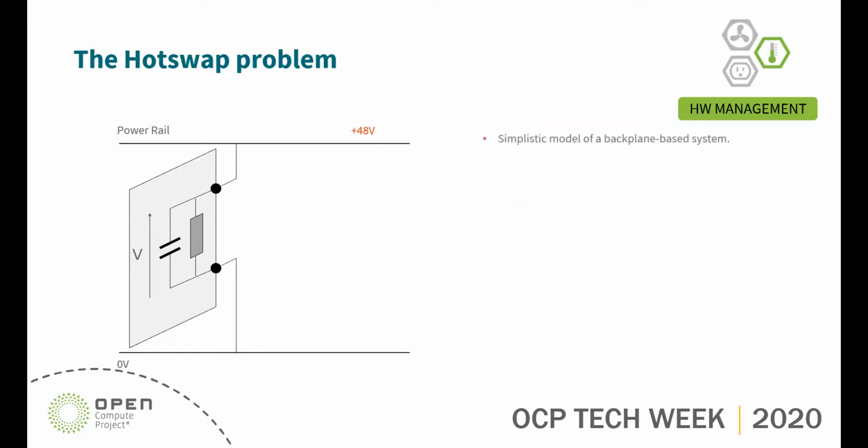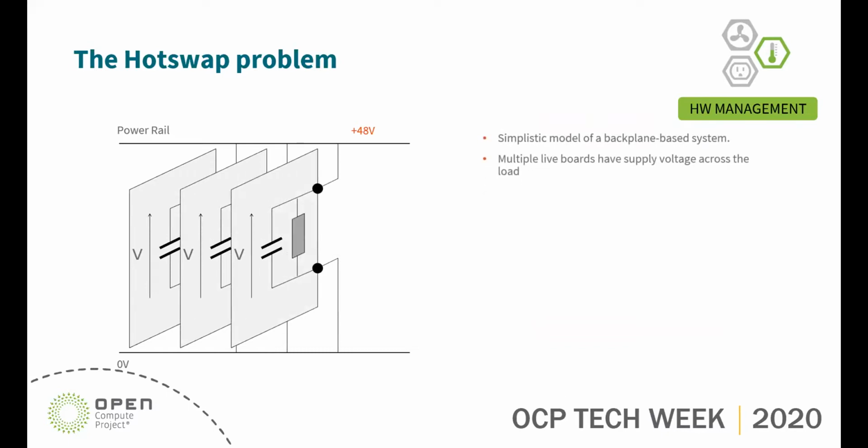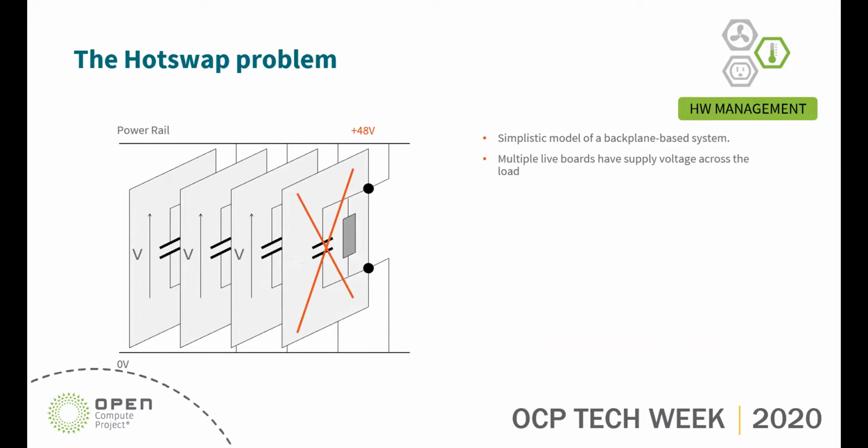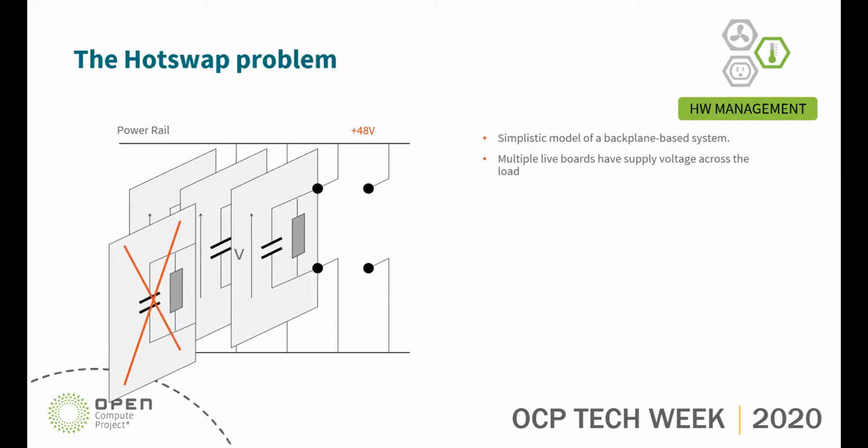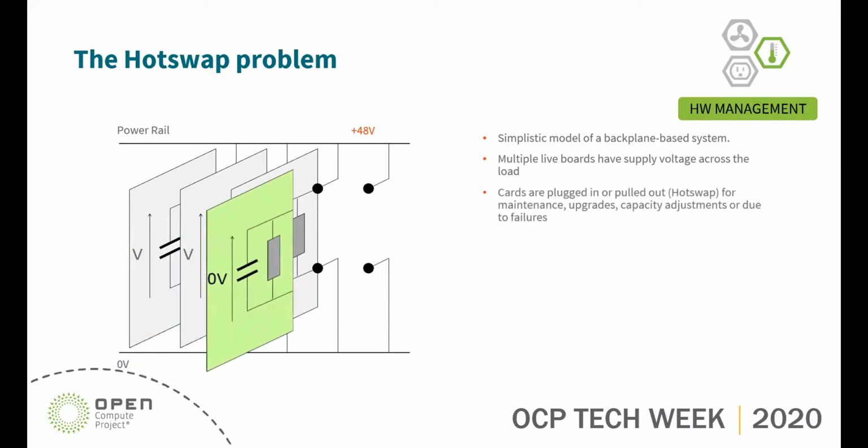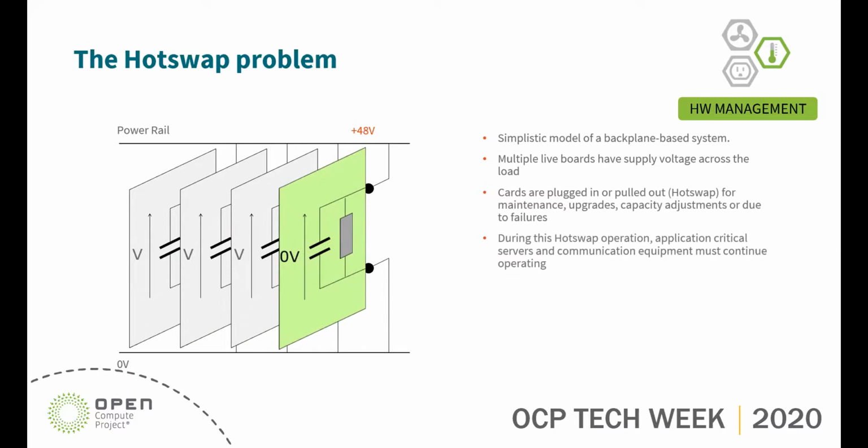As I said, this is a simplistic model representing the server boards. Normally, the server boards are powered through the same power supply module, and cards are plugged in and pulled out where there is a need for upgrades, capacity adjustment, maintenance or failures.